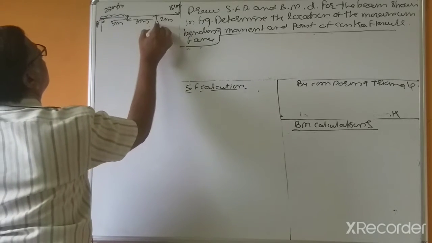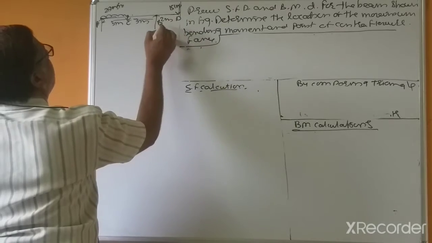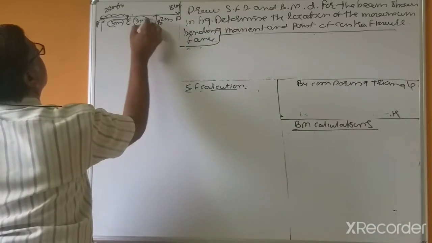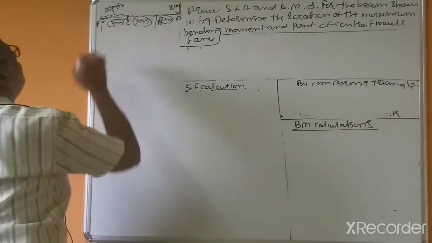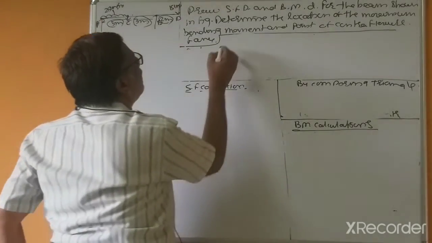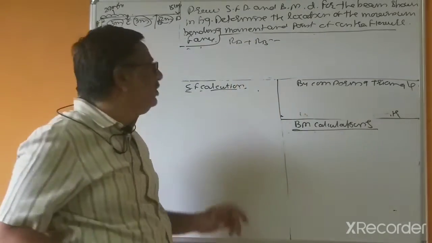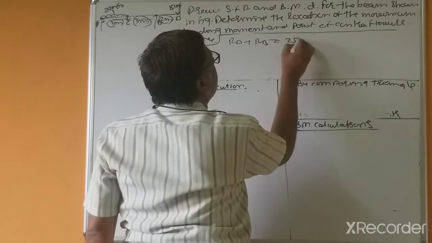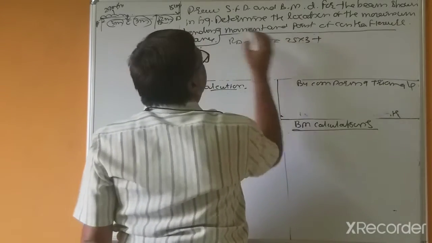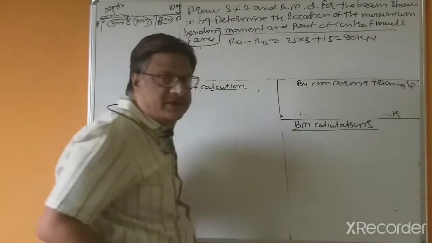This is A point, this is B point, C point and D point. Distances are 3 meter, 3 meter and 2 meter. This is a uniform distributed load, so RA plus RB equals the uniform distributed load 25 kilonewtons spread over a distance of 3 meter, plus 15, and this is equal to 90 kilonewtons.